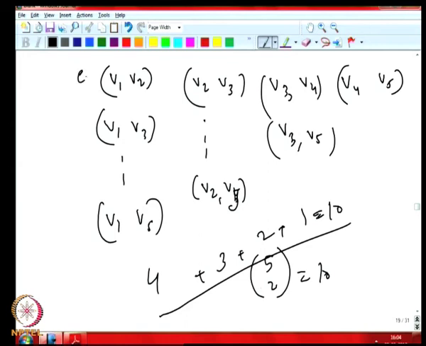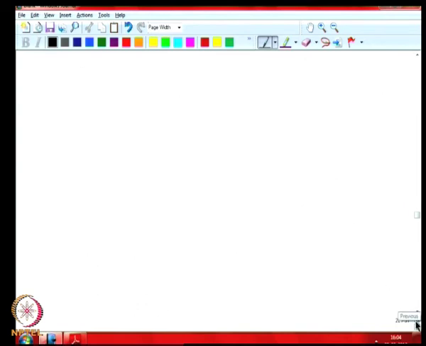Now let us say this is the first edge, second edge, third edge, fourth edge, fifth edge, and like that we number the edges also. Now we can decide whether the edge Ei is present in the graph or not by associating a 1 or 0. If you put a 1 for Ei, then it is present, otherwise it is a 0.